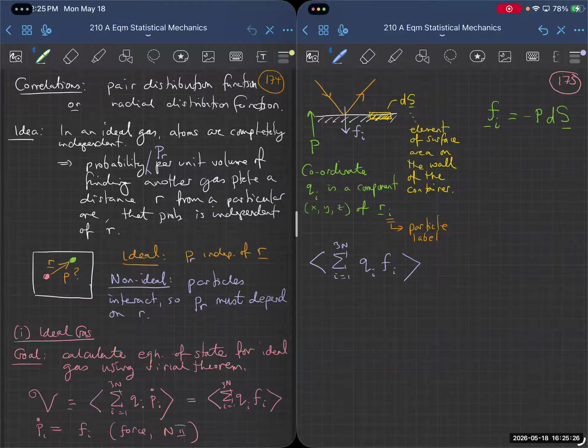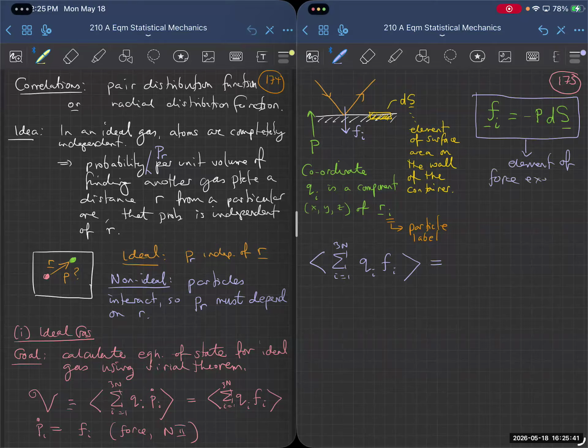So I claim that this thing is equal to the following. This is an element of force exerted on the little element of surface area, dS. So therefore, this thing looks the same as this.